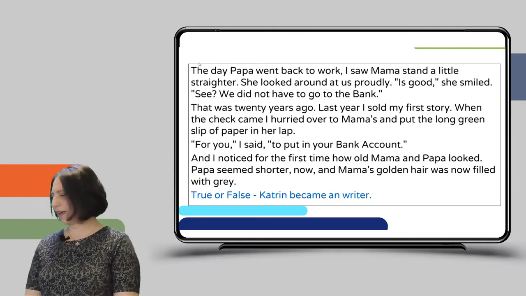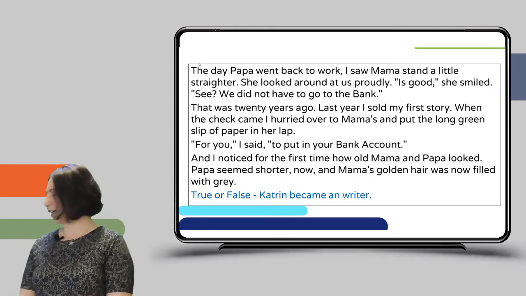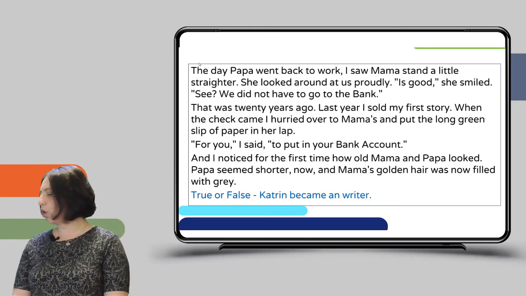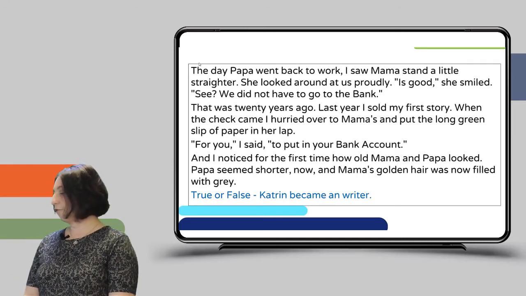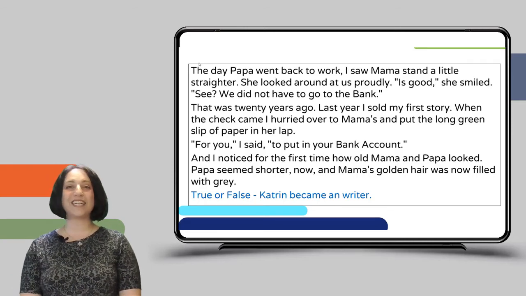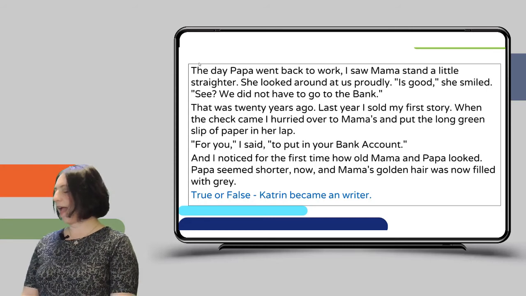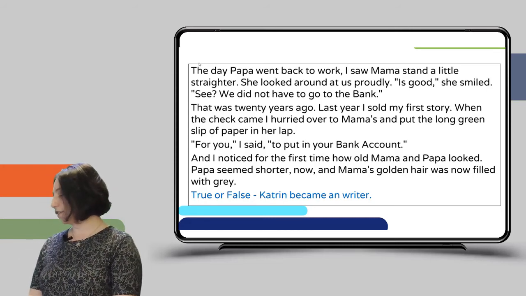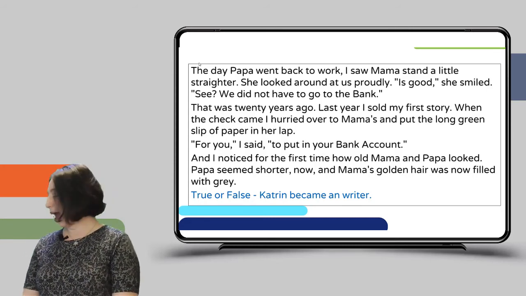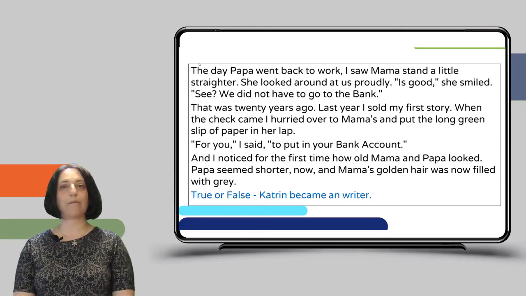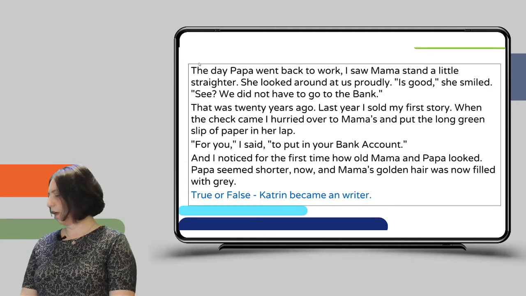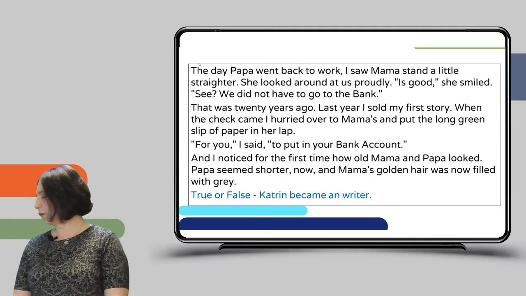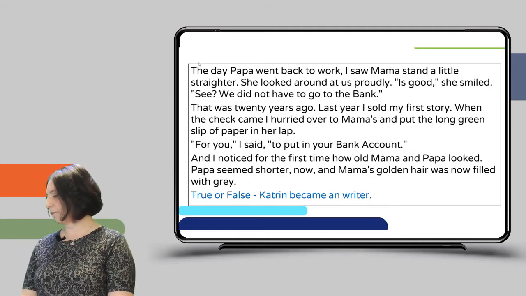When the check came, I hurried over to Mama's and put the long green slip of paper in her lap. "For you," I said, "to put in your bank account." And I noticed for the first time how old Mama and Papa looked. Papa seemed shorter now, and Mama's golden hair was now filled with grey.